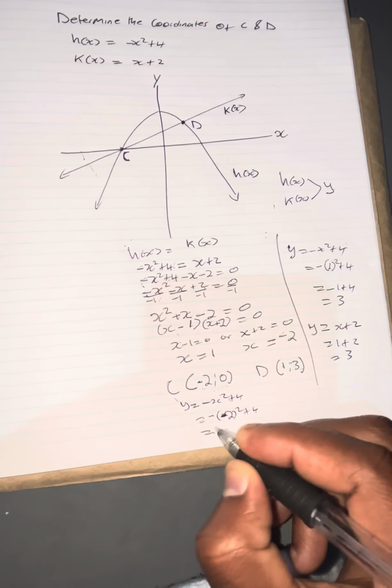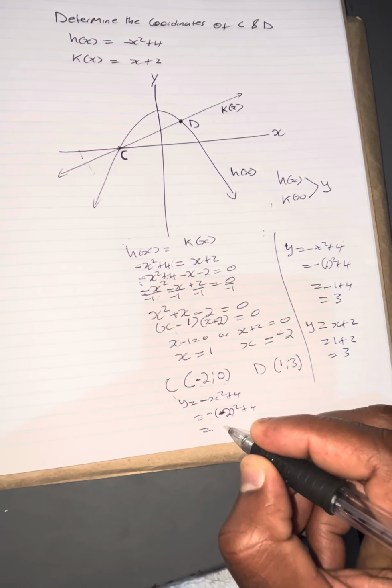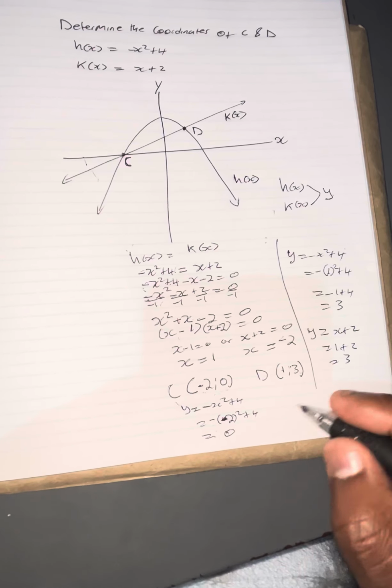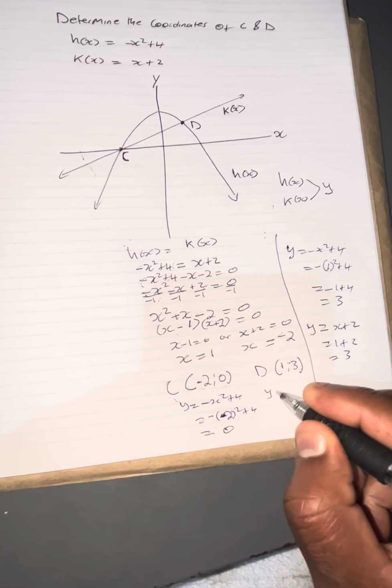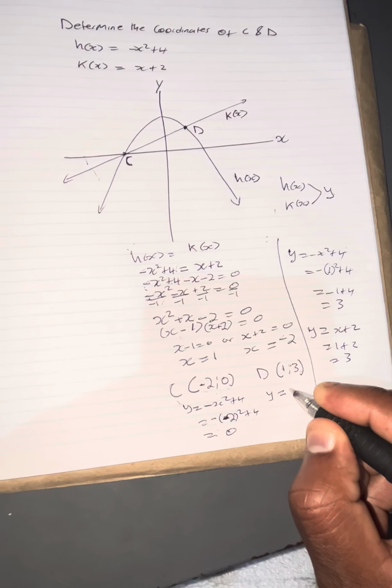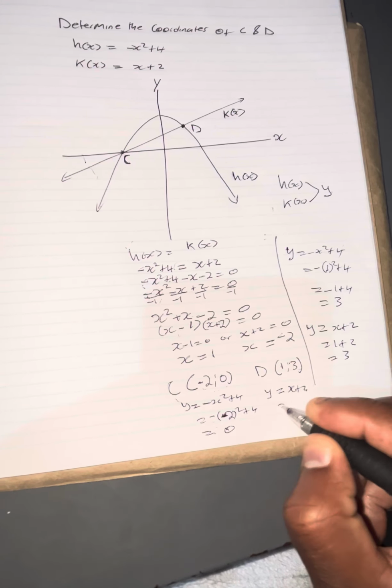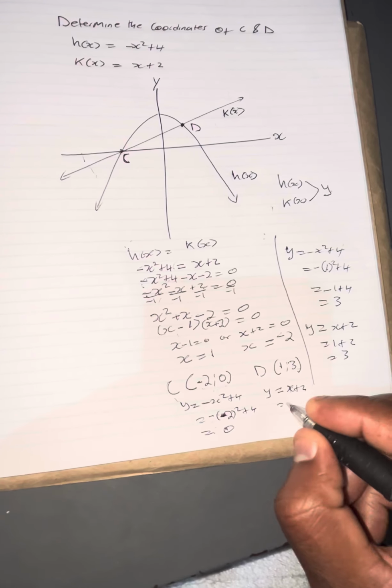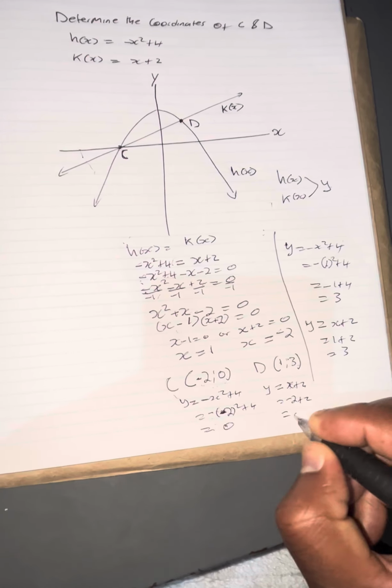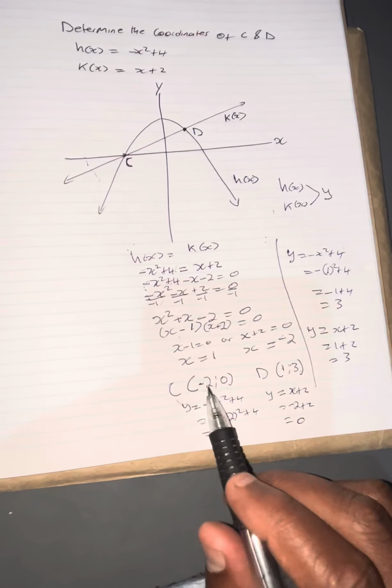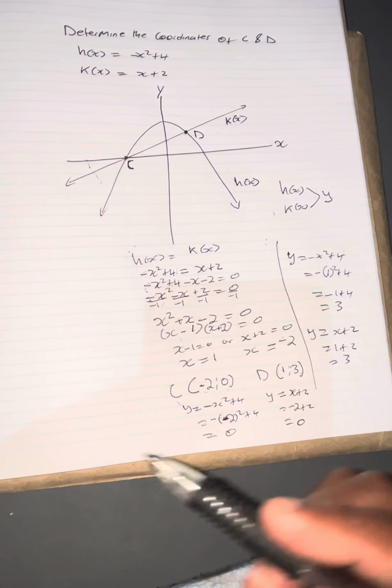Therefore, the answer, if you use a calculator, will be equal to 0. Same applies to y is equal to x plus 2. If you replace x by negative 2, negative 2 plus 2 is equal to 0. So these are your coordinates, point of intersection.